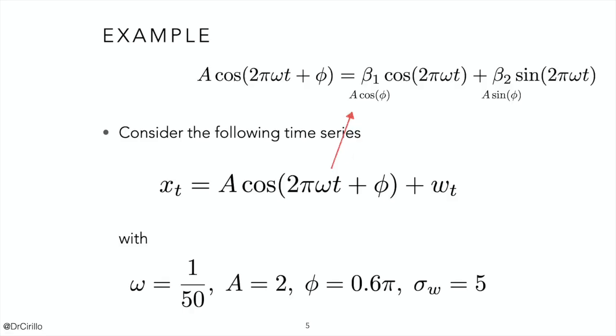In fact, as you can see on the screen, we can easily rewrite our cosine seasonal pattern as the linear combination of two elements, one element in the cosine and one element in the sine. But this new representation is better for what concerns linear regression, as we shall see when we will estimate the different elements of this time series in our applied lesson.